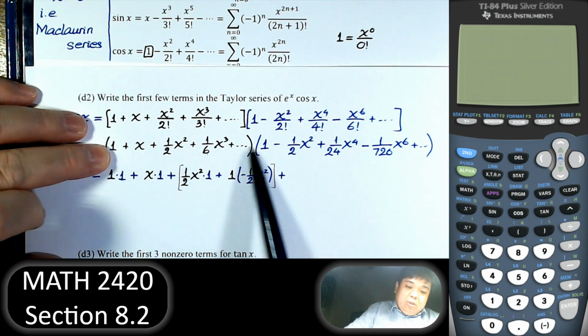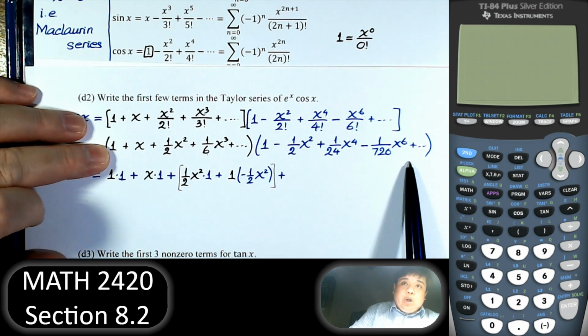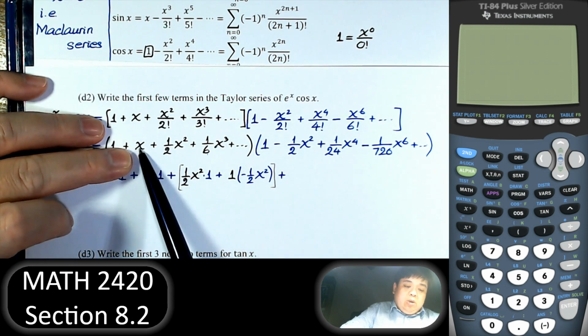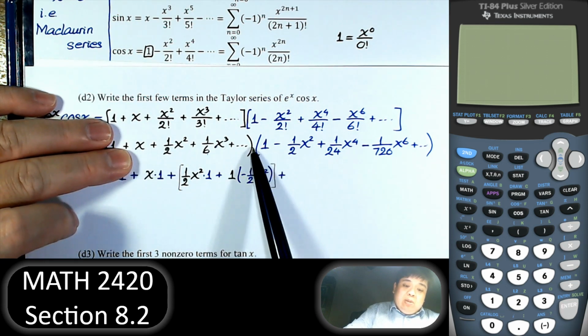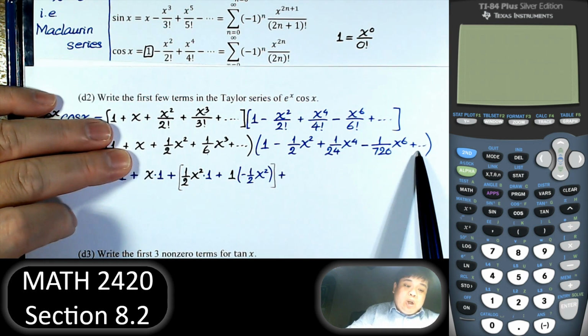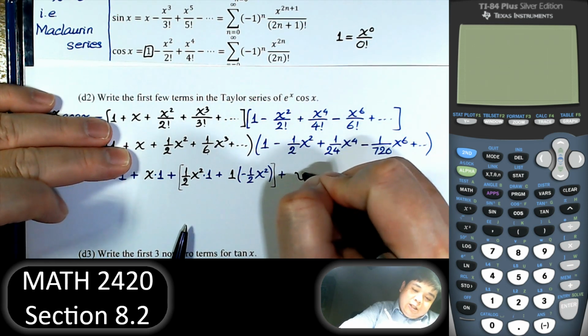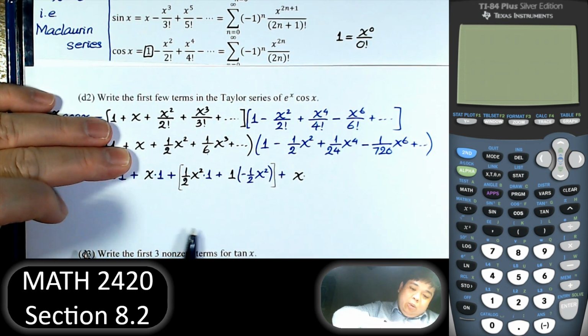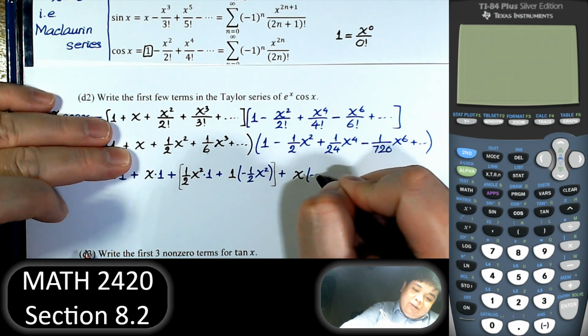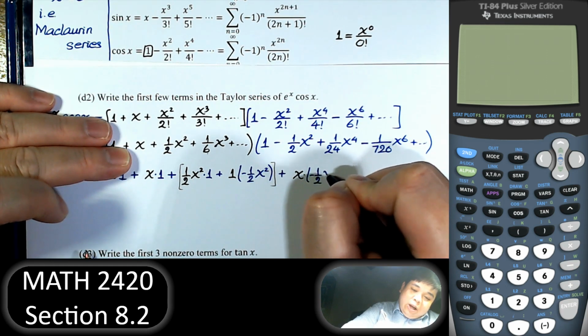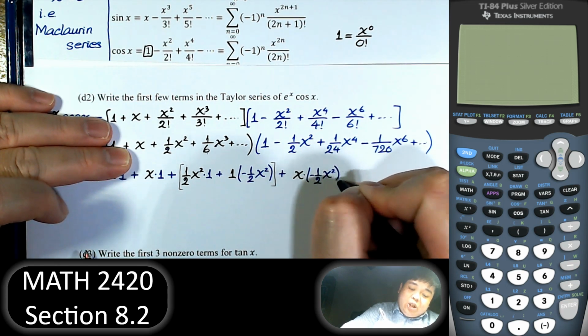Take this 1, multiply any of this. Can we get x cubed? Nope. Go to x. If we use this x, multiply any of this, which one will get x cubed? Well, it will be this guy. So if we use x, we have to multiply by negative 1/2 x squared to get to the x cubed.